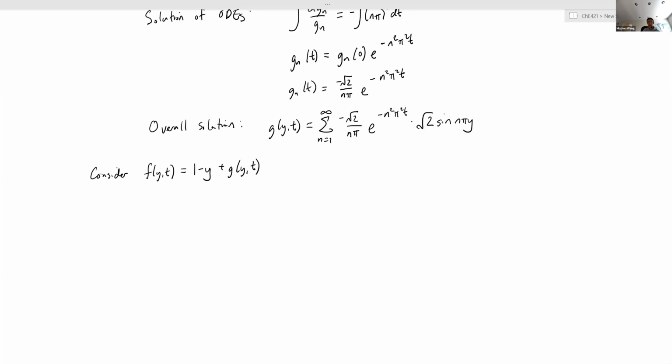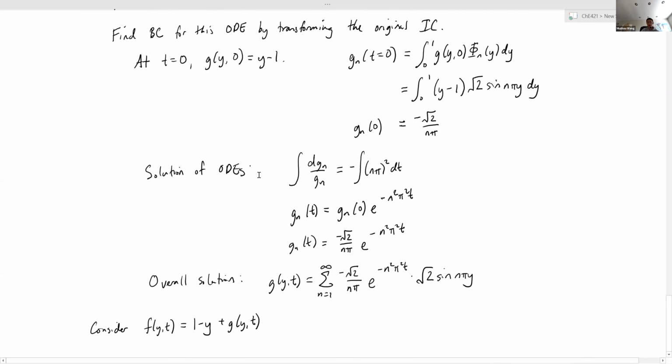Okay. I'll explain why in just a second, why I'm doing this. Okay. But if you think about it, this function actually satisfies the partial differential equation, right?